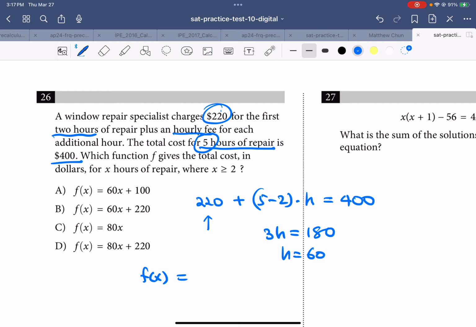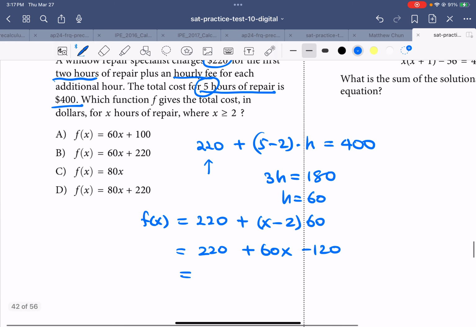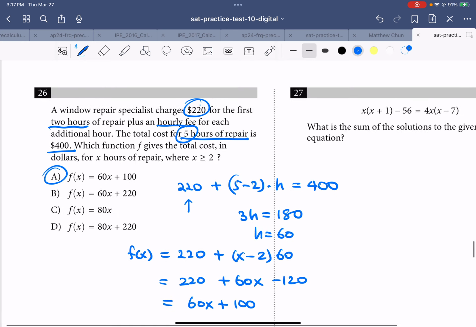So you can set up 220 plus, x minus 2, because for 2 hours they already charged 220, and the hourly charge after that is 60. So which one is the same as that? 220 plus 60x minus 120. When you combine like terms, 60x plus 100. So the answer is A then.